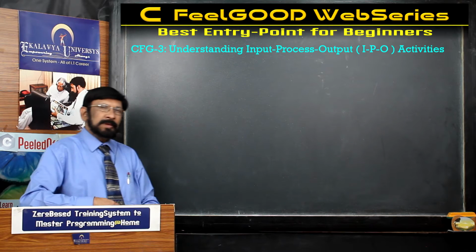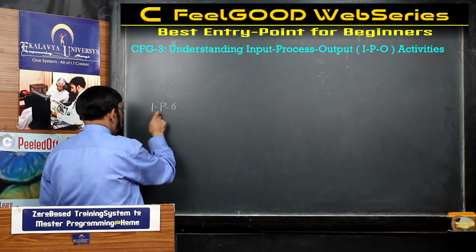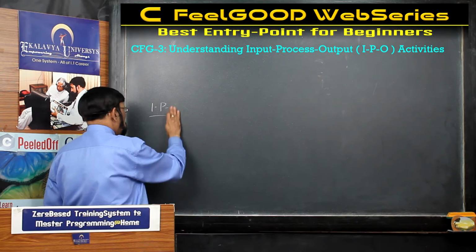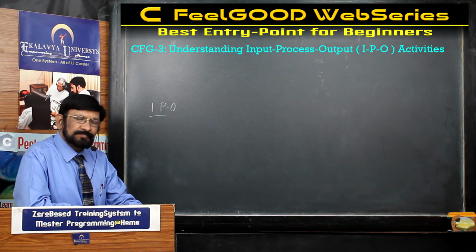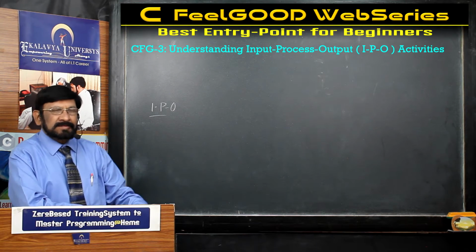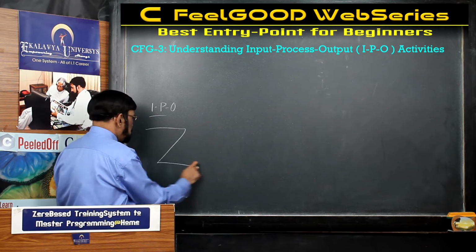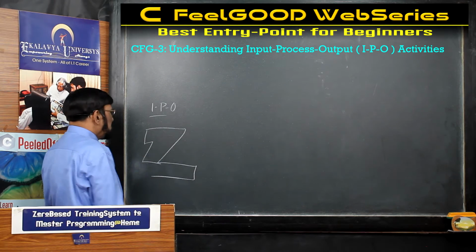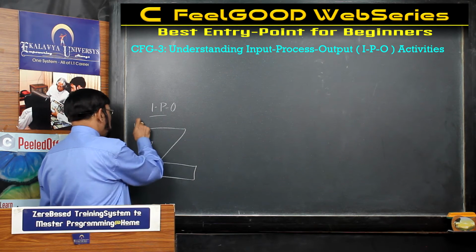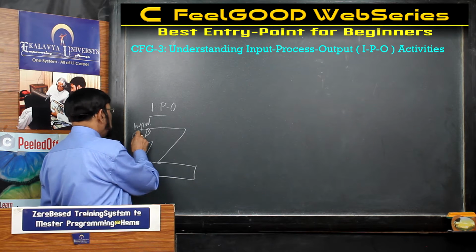Actually, IPO are very core activities in real life and in programming. These activities are present in every process. Let's take an example. You go to your neighboring flour mill, and here you give some input. There is one slot, and from this slot you give grain.